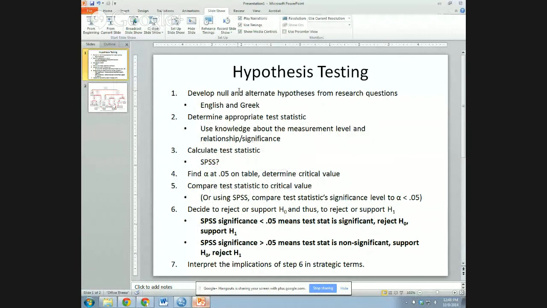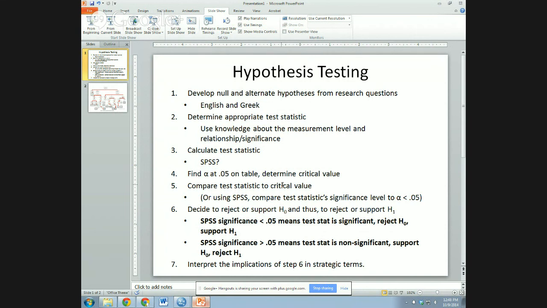We've looked at, from the research questions, developing the hypotheses, which test statistic is used. Are we looking at associations or are we looking at differences? And when we look at differences, again, we can use equal, greater than or equal, less than or equal, versus unequal.